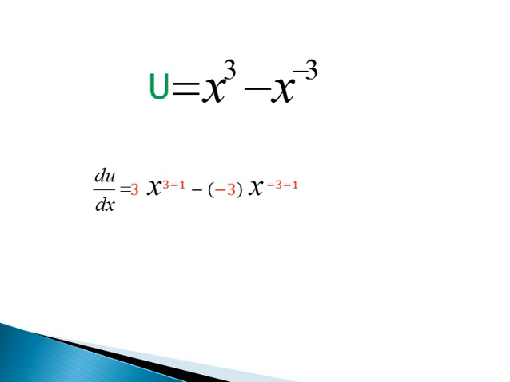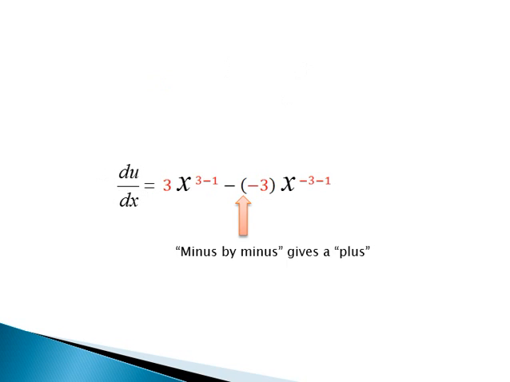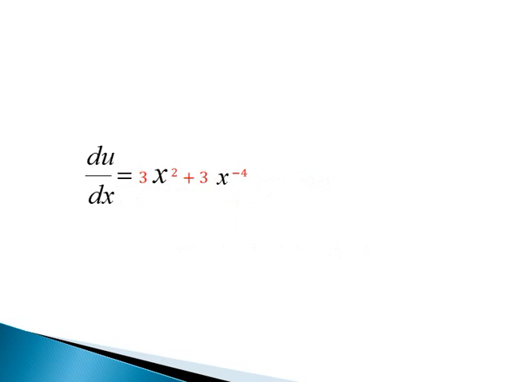So if u equals x cubed minus x to the power of minus 3, du/dx equals 3 by x to the power of 3 minus 1, minus 3 by x to the power of minus 3 minus 1. And don't forget that a minus by minus always gives a plus.